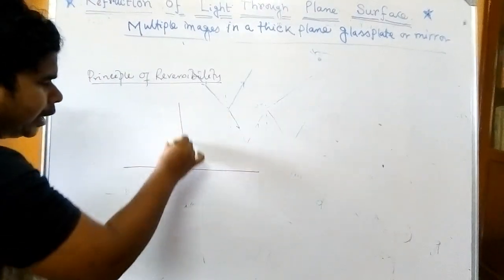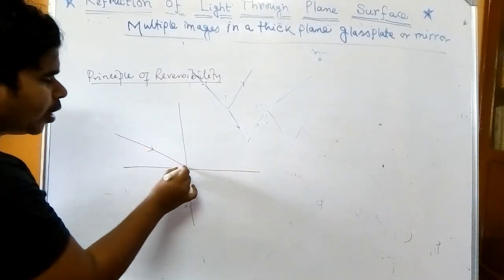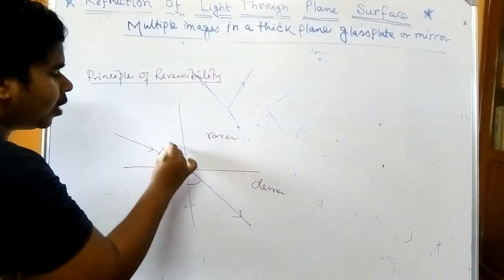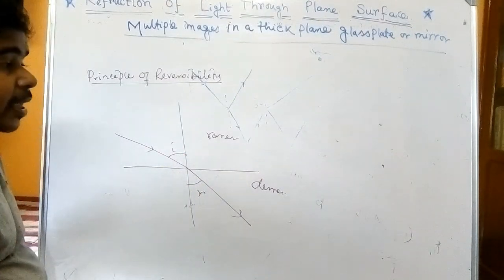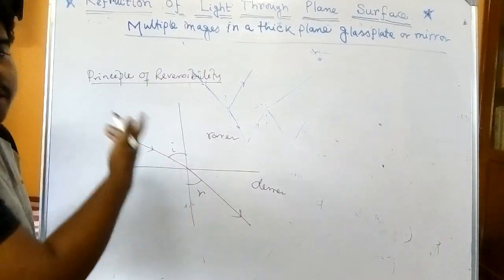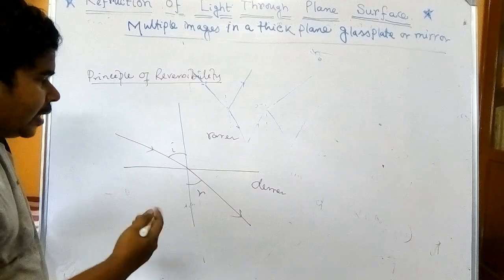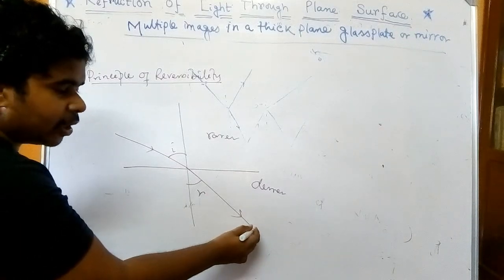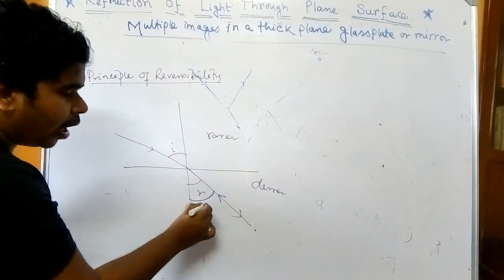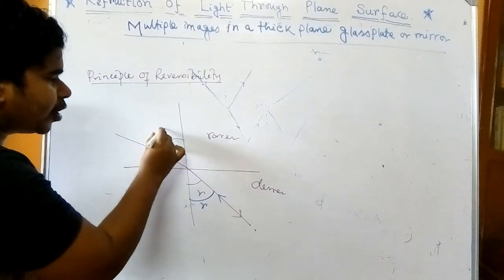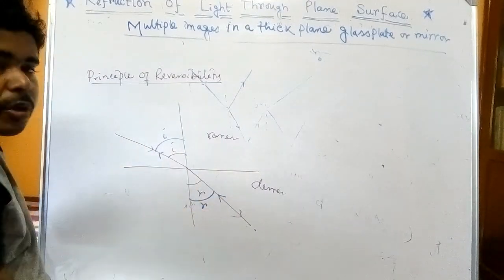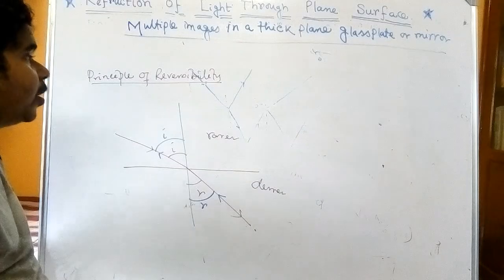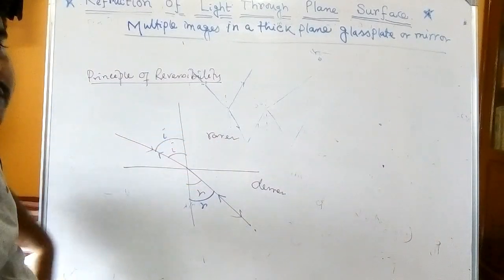The principle of reversibility tells us that if a light ray comes from one medium, rarer, and goes to another medium, denser, with an angle of incidence I, then the angle of refraction will be R. Then it is told that if the light retraces the same path, means the source comes here and is incident here with an angle of R, then definitely the angle of refraction will be I. Means on whichever path the light ray goes, if the light ray returns, it also goes by the same path, and that property is called the principle of reversibility.